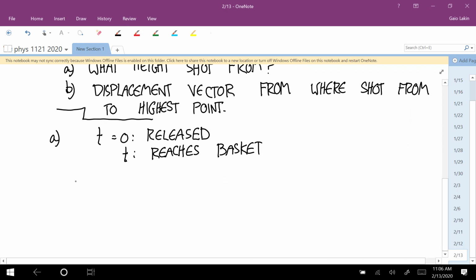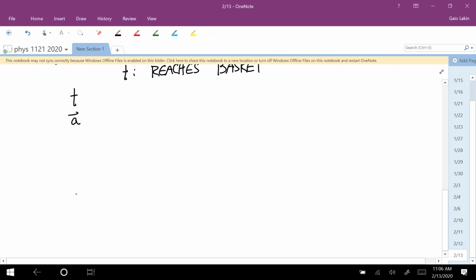And now we can think about the variables. So t, a, position at time 0, position at time t, velocity at time 0, and velocity at time t. We don't know how long it takes to get to the basket. We do know the acceleration, since it's a free fall problem.